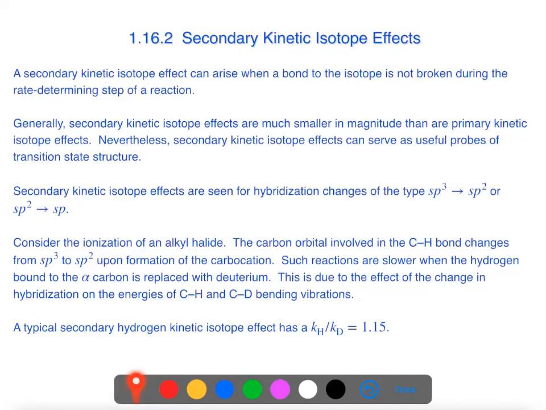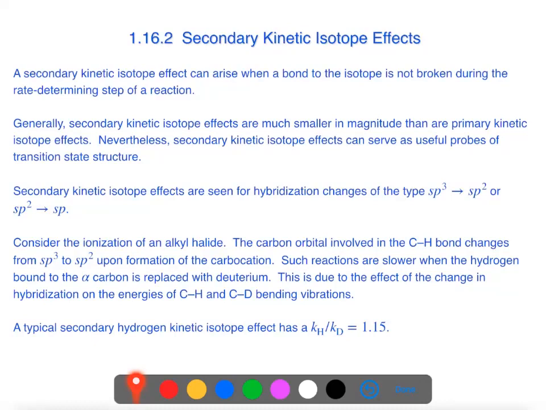Nevertheless, secondary kinetic isotope effects can serve also as useful probes of transition state structure. Secondary kinetic isotope effects are often seen for hybridization changes of the type sp3 hybridized to sp2 hybridized or sp2 hybridized to sp hybridized. Let's consider the ionization of an alkyl halide.